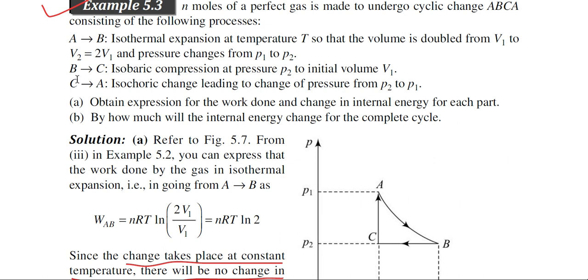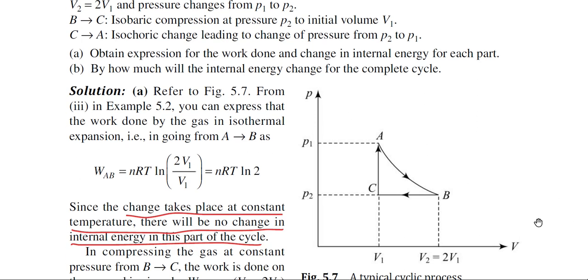Then B to C is an isobaric compression at pressure P2 to the initial volume V1. Here the volume is changing while the pressure is constant at P2. At B the volume is 2V1, and at C the volume becomes V1. So there is a change of volume.